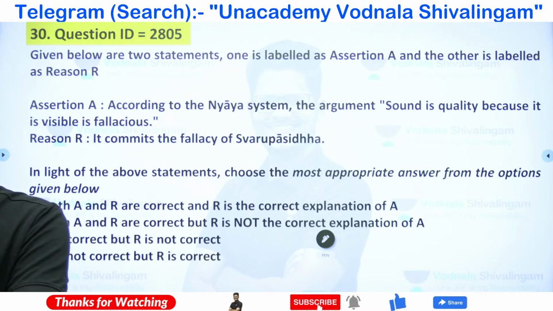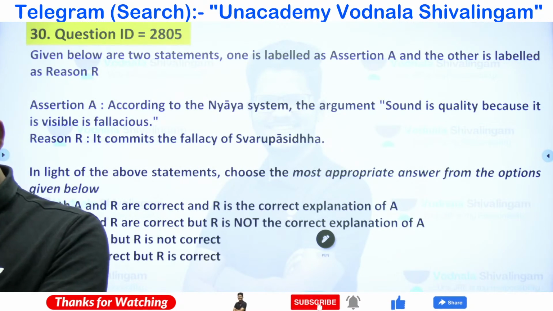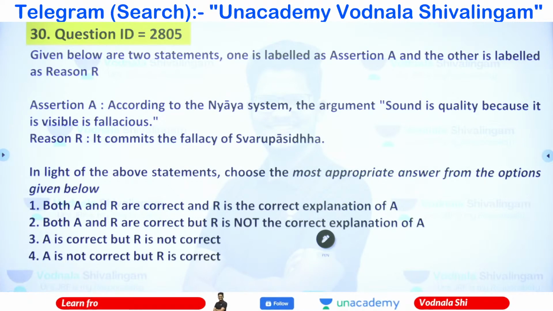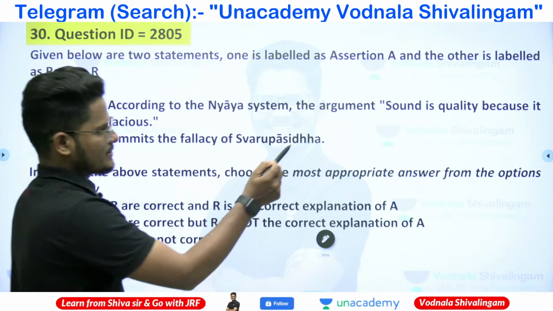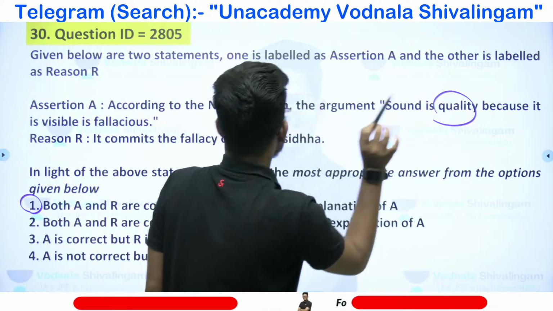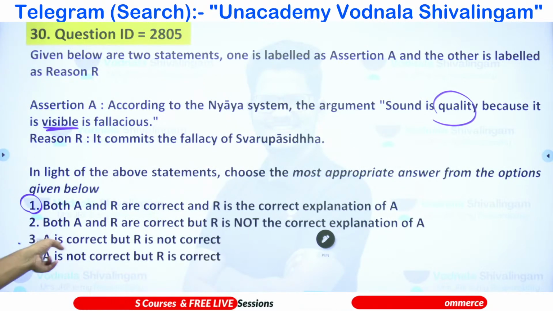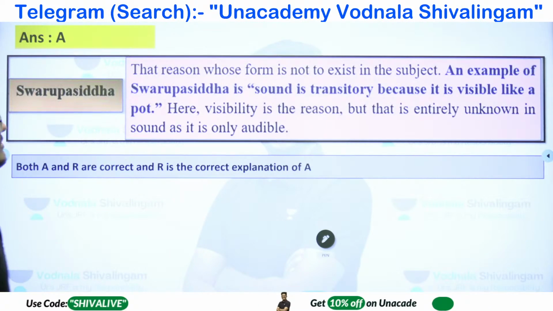So option A is the given answer, that is, both are correct and R is the correct explanation, because sound is a quality because it is visible. By visible, what is actually visible? If it is sound, sound will be audible.